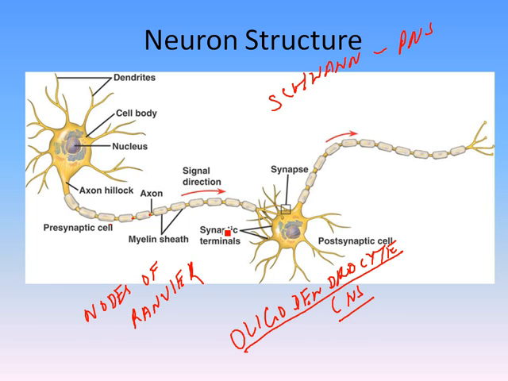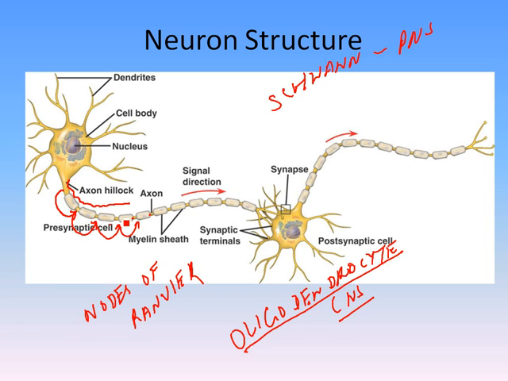Because along the unmyelinated axon, the one that does not have the myelin, the message moves through a continuous wave all along the axon. However, when there is myelin, the impulse is going to jump from one node of Ranvier to another.